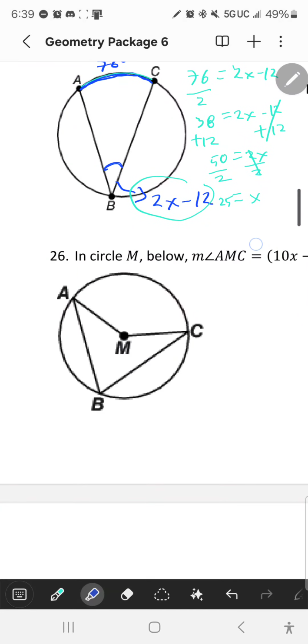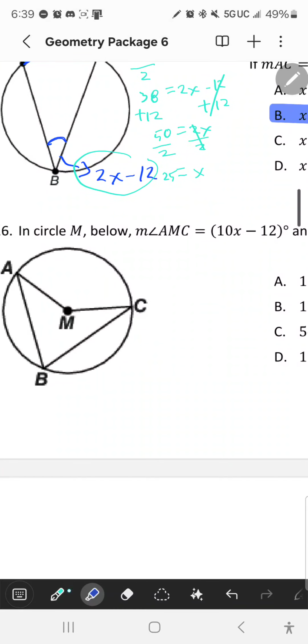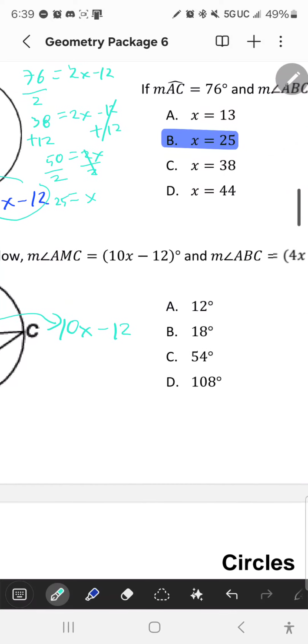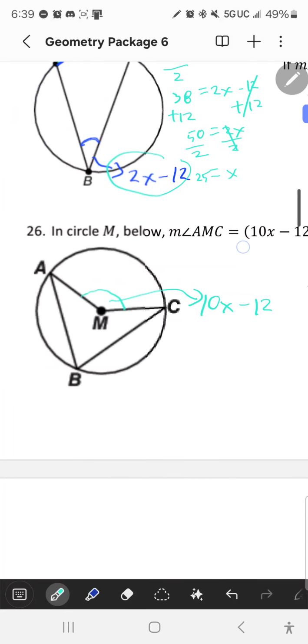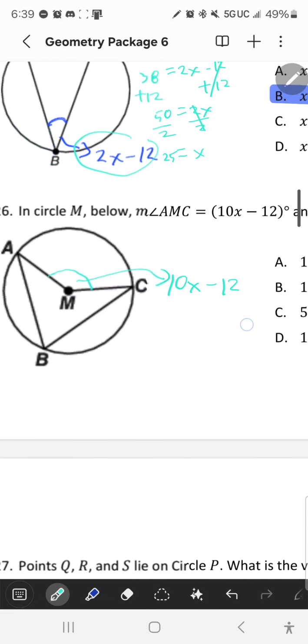Now, in circle M below, the measure of AMZ is 10x minus 12. The measure of ABC is 4x plus 6.